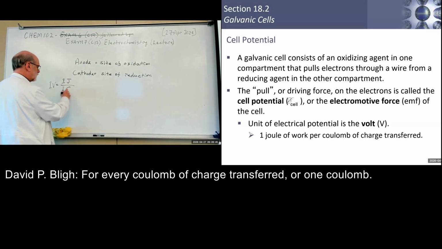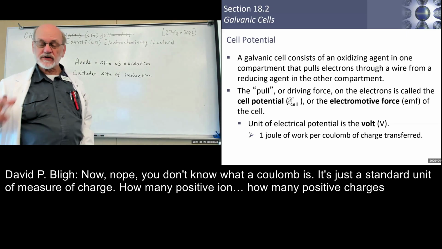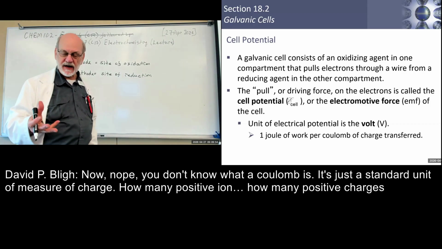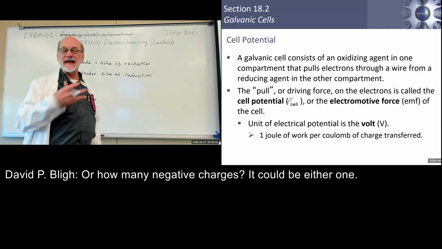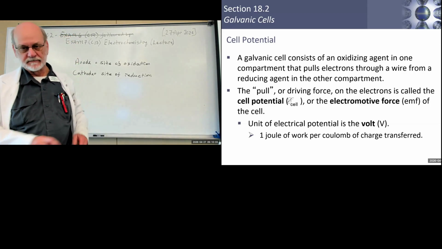Now, you don't know what a coulomb is. It's just a standard unit of measure of charge: how many positive charges, or how many negative charges, it could be either one, is a coulomb.